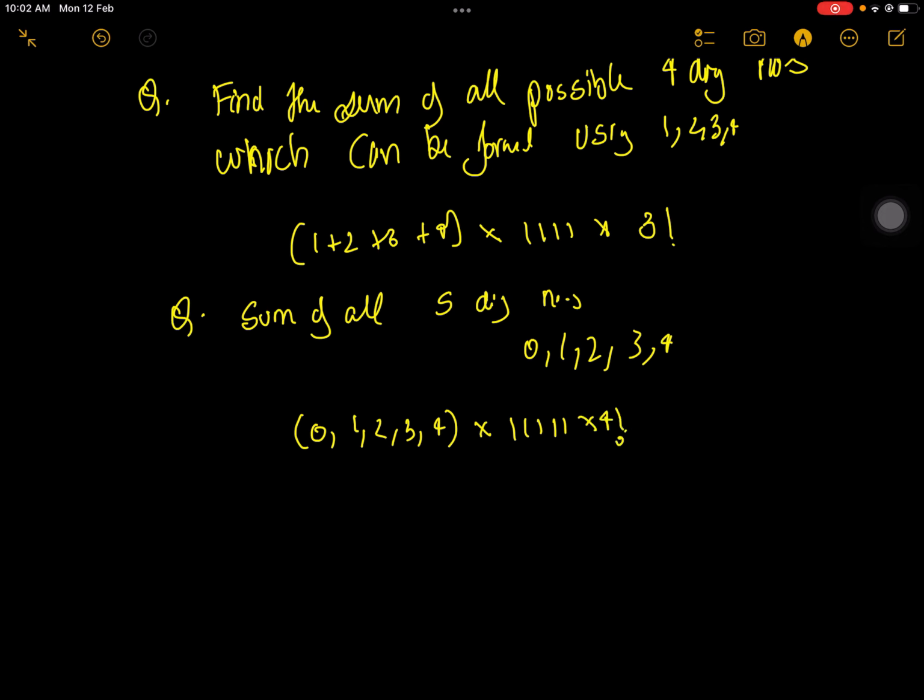Now I have to subtract the cases where 0 will be coming first. So that's just the case when it's a 4-digit number. So minus 1 plus 2 plus 3 plus 4 into 1, 1, 1, 1 into 3 factorial.